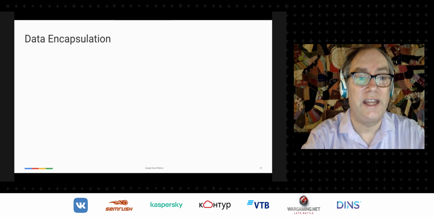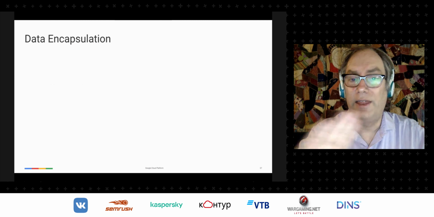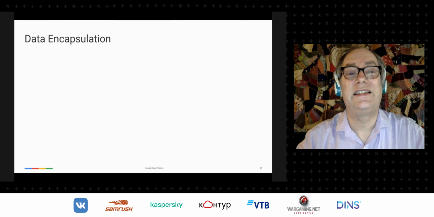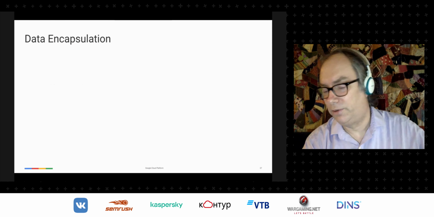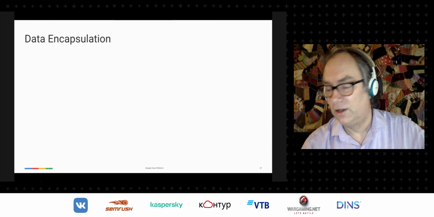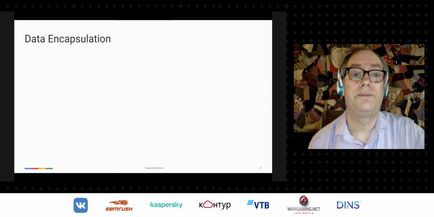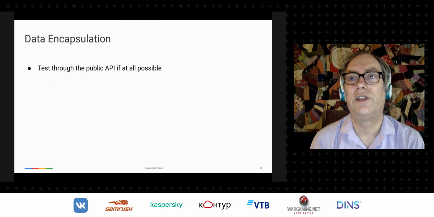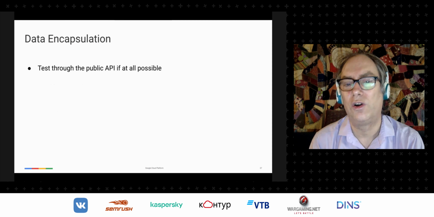Okay, data encapsulation. Nothing I'm saying about test-driven development obviates any of the normal good principles of object-oriented programming. Data encapsulation is the most basic. If at all possible, write your test to test the public published API. Try not to access the internal, private, or non-public parts of your classes.